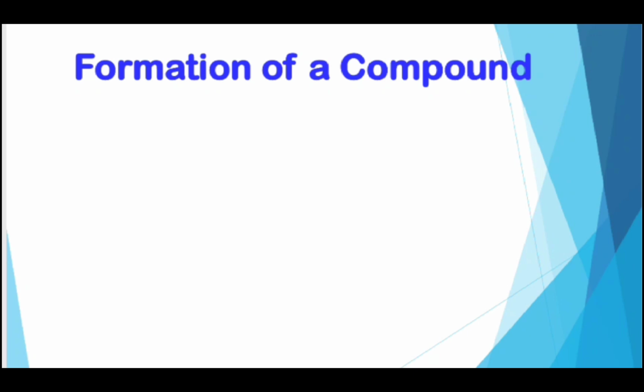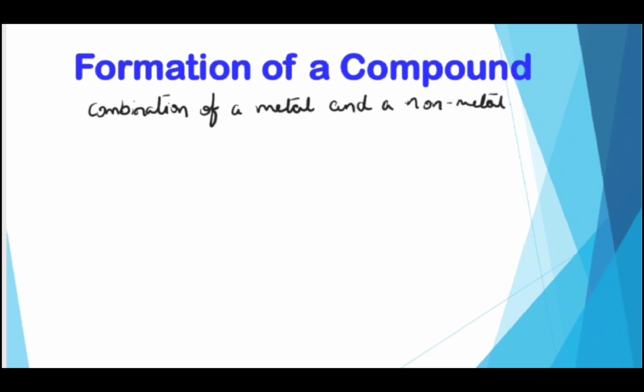A compound is always a combination of a metal and a non-metal, or rather, to put it in easier terms, a compound is something which has different types of atoms in it.